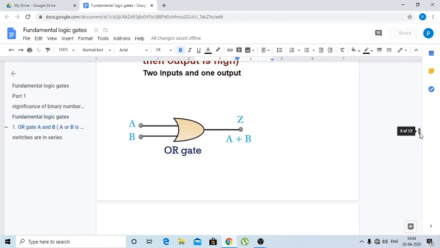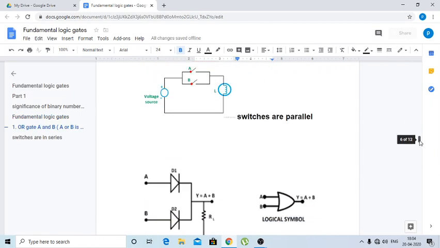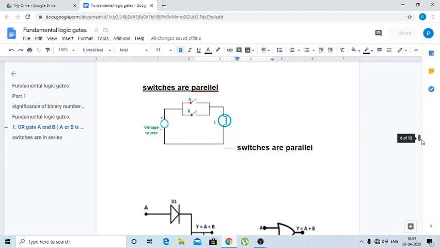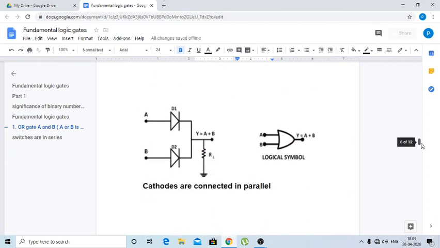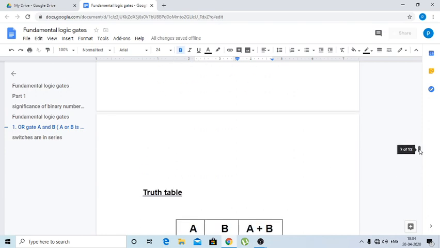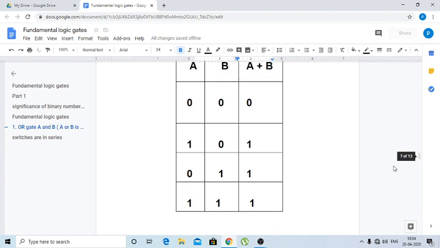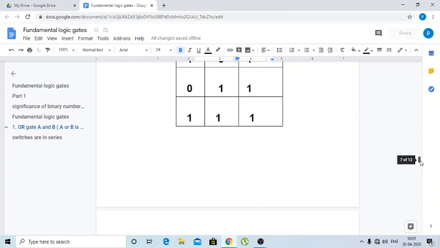This is the symbol of the OR gate, and in the OR gate circuit, switches are connected in parallel to each other, and the two diode cathodes are connected in parallel to each other. This is the truth table of the OR gate. For three cases, if any one of the inputs is high, output is high. It is low only in the case where both inputs are low.